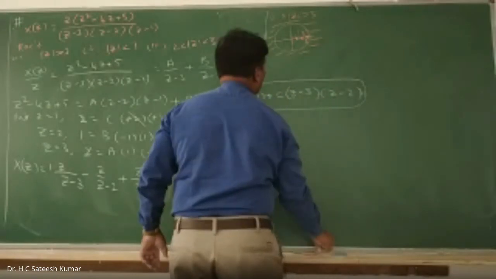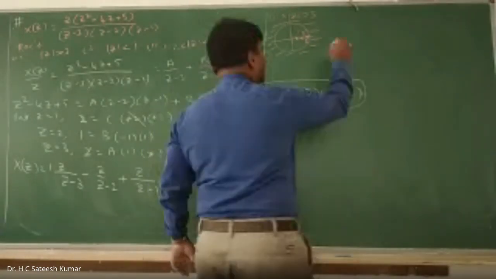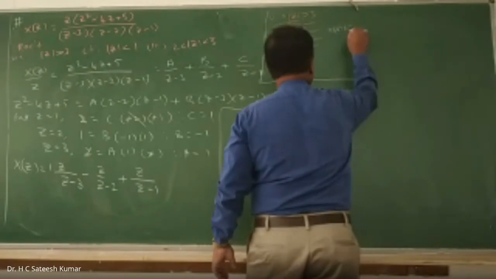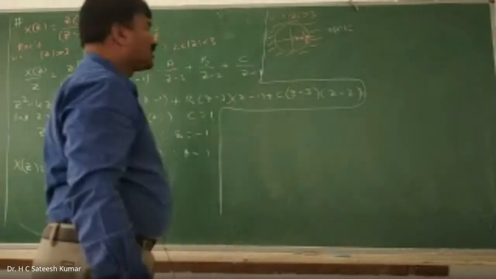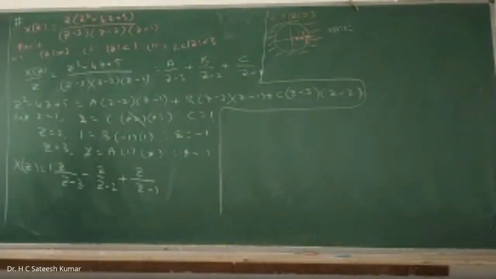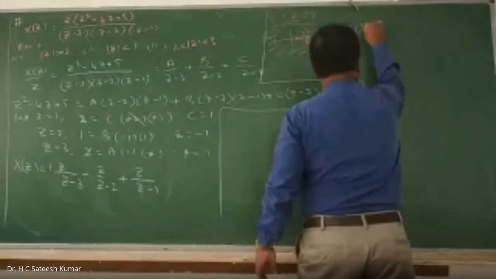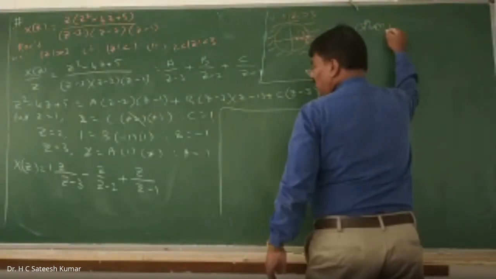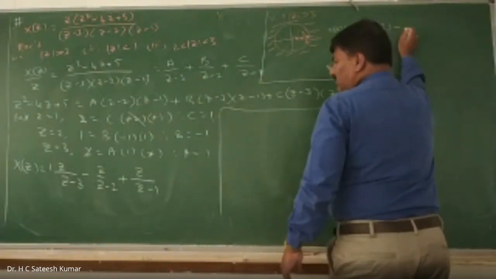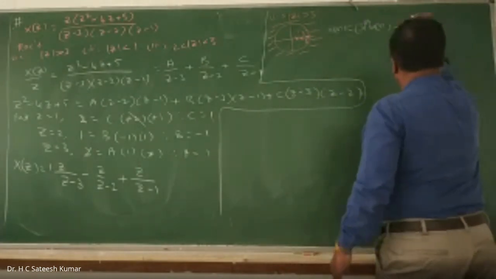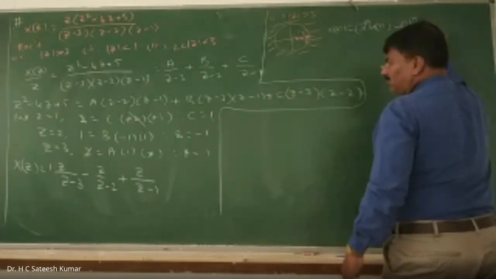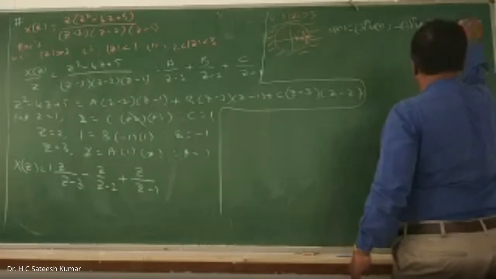So now x of n: if the pole radius is less than the ROC, it leads to what? Right-handed sequence. All the three are right-handed sequences. First one is z divided by z minus 3, which is 3 power n into u of n. Minus, you write as it is, z divided by z minus 2, 2 power n into u of n from the table, and plus u of n.